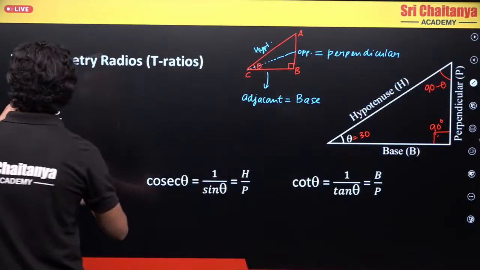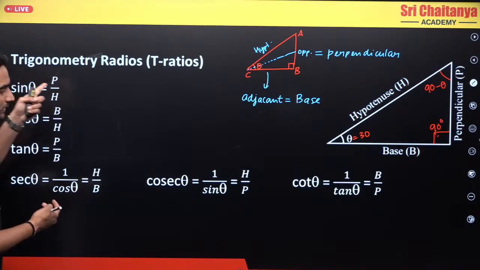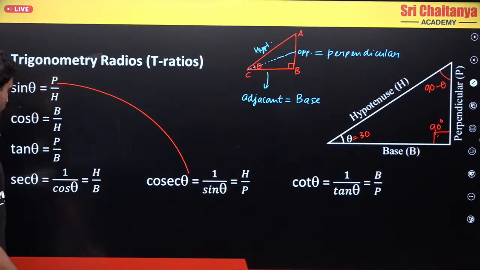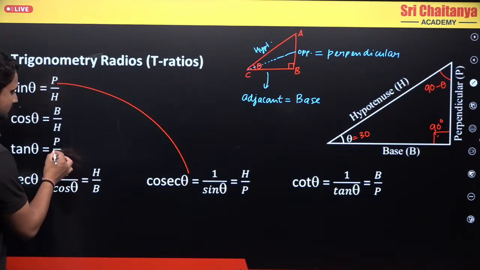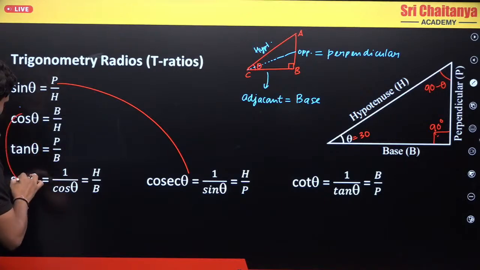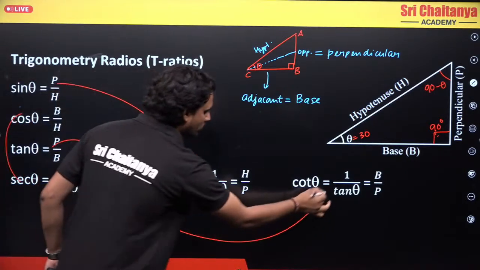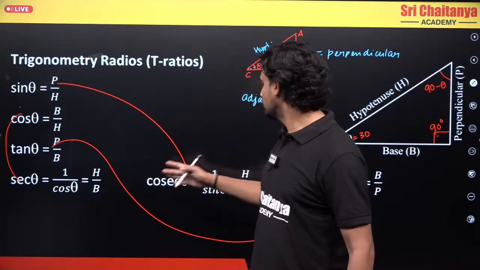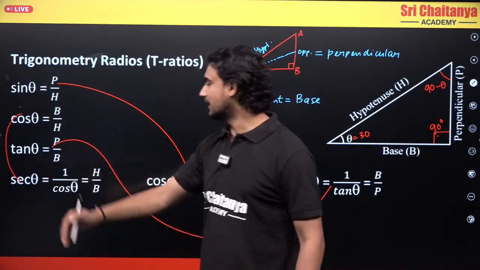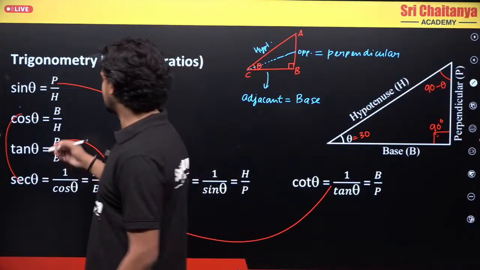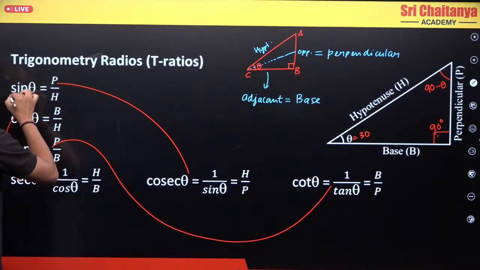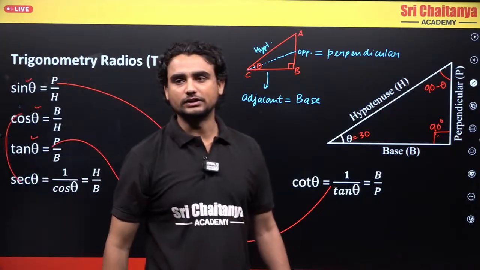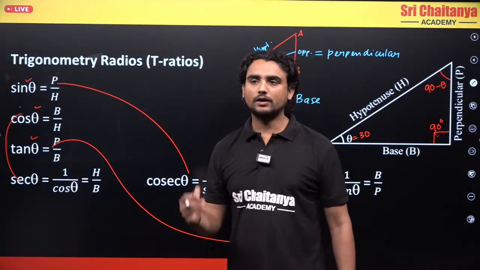The opposite of sine is cosec, the opposite of cos is sec, and the opposite of tan is cot. 1 upon tan gives cot, 1 upon sine gives cosec, and 1 upon cos gives sec. So if you know these three ratios, you can find the other three ratios.